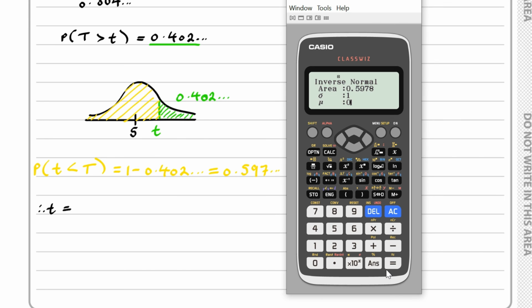And sigma is equal to 3.5. So I get a value of 5.86. We'll call it 5.9 minutes to 1 decimal place. So this over here is our final answer.